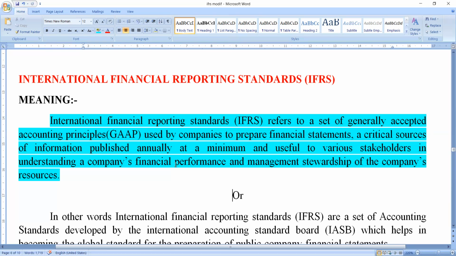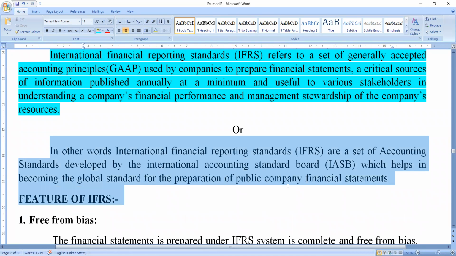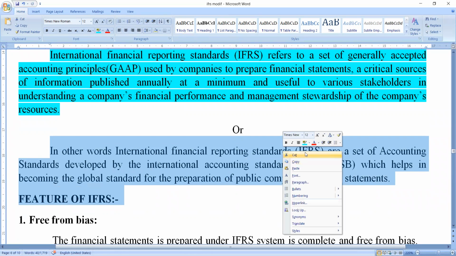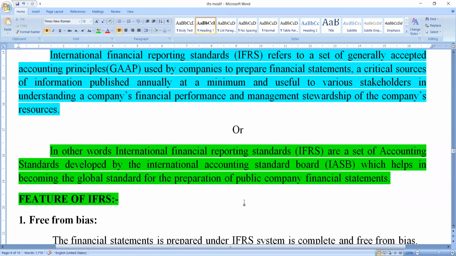And next, we are moving on to another meaning here. In other words, they gave another meaning of the IFRS.